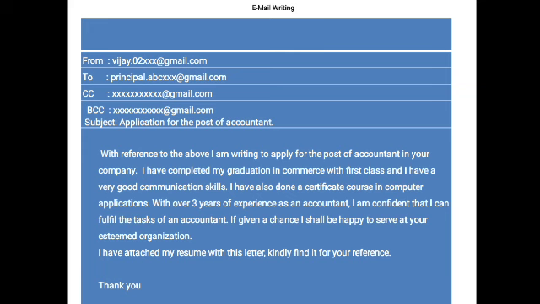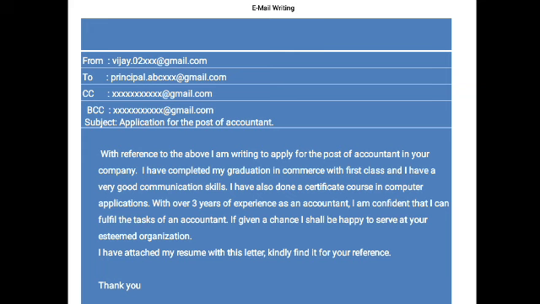In the body of the mail you can mention like this: with reference to the above, I am writing to apply for the post of accountant in your company. I have completed my graduation in commerce with first class, and I have very good communication skills. I have also done a certificate course in computer applications.